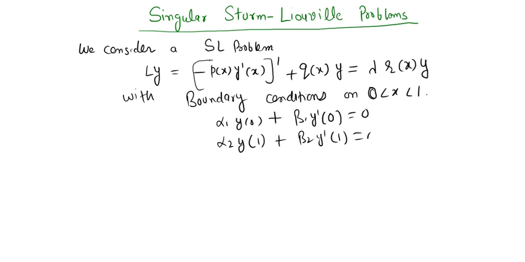So you have mixed boundary conditions. You can take any domain A to B, but for simplicity I have taken from 0 to 1 with boundary conditions. So let us write this domain for the equation, with boundary conditions.